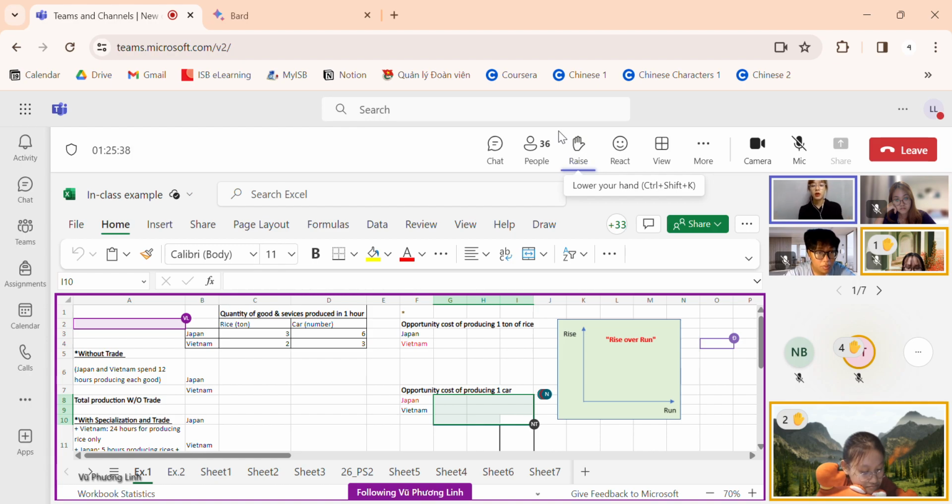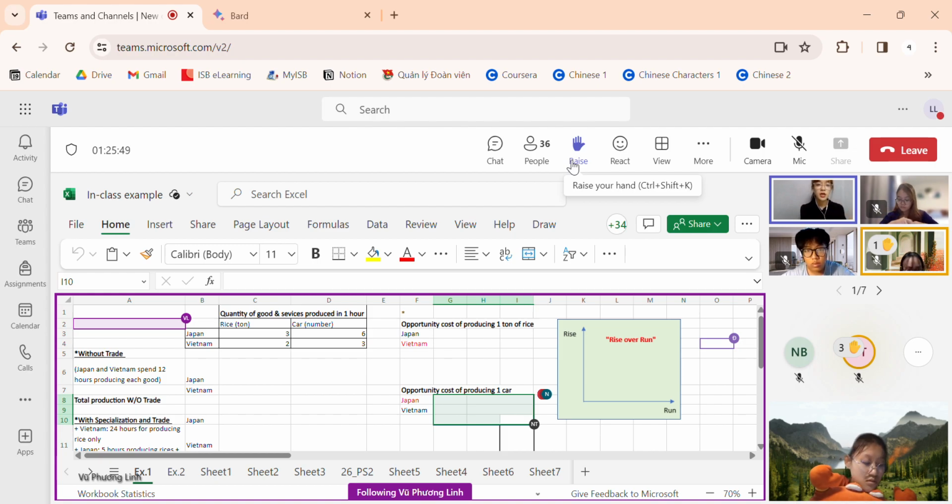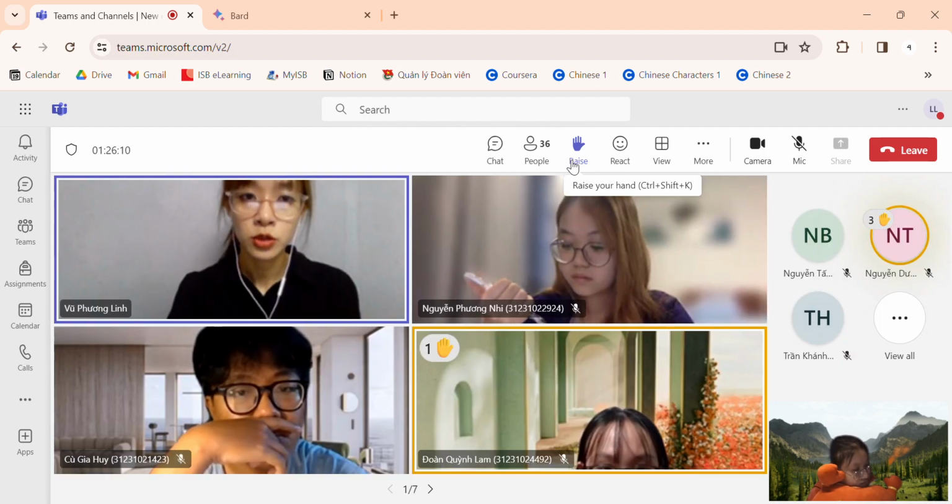Okay, so the theory of absolute advantage was first developed by Adam Smith, a long time ago, I think around the year 1800. At that time, Adam Smith thought that only the country with absolute advantage can benefit from trade. So if you are good at something, you have an absolute advantage, you can trade with the others and benefit from trade.